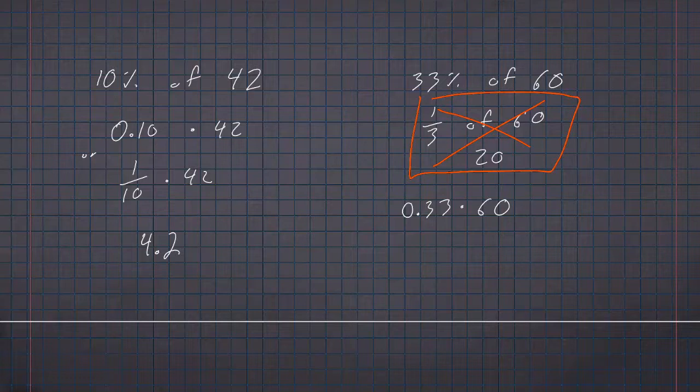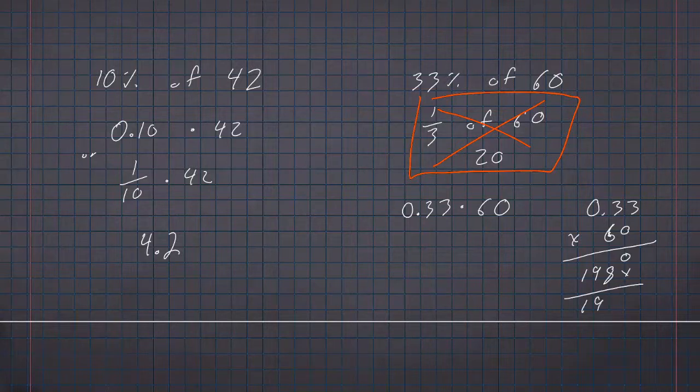Unfortunately, for something like 33% of 60, we do have to write that out as the decimal, 0.33 times 60. Six times 3 is 18. And we get that the actual value of 33% of 60 is 19.8, not 20.